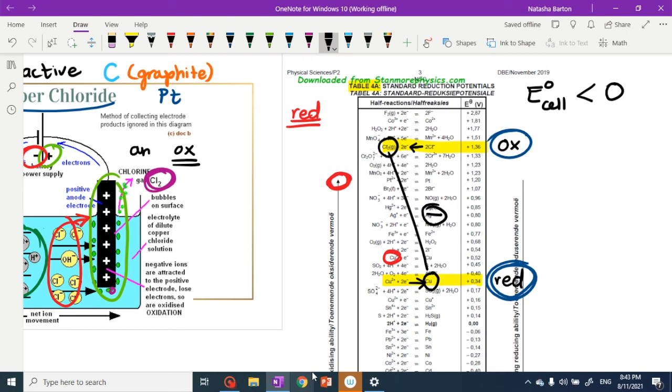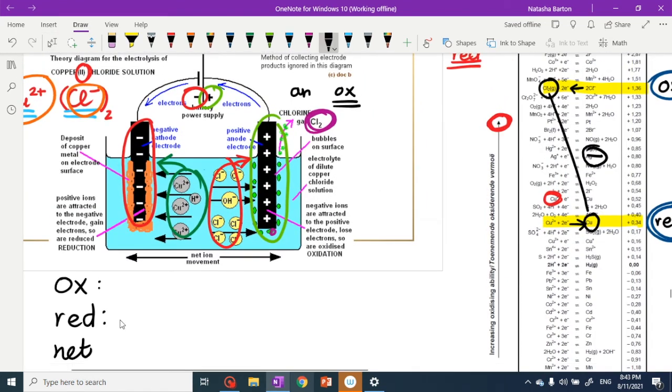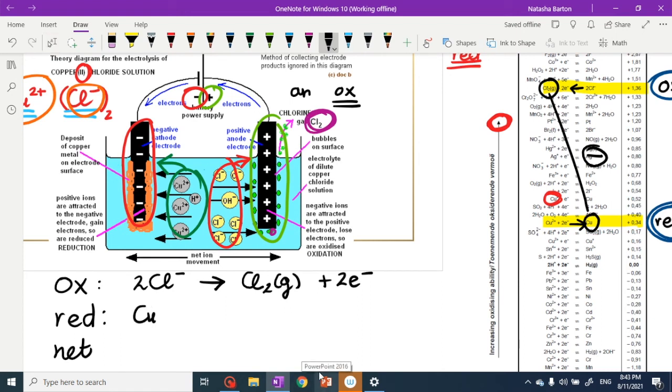But back to what we came for: we were looking for half reactions so that we can write them down. Our oxidation half reaction is the chlorine ions lose electrons, that is oxidation, to form chlorine gas and electrons. The reduction half reaction is the copper 2+ ions gain electrons in order to form copper solid.